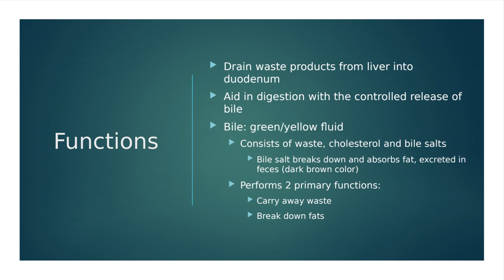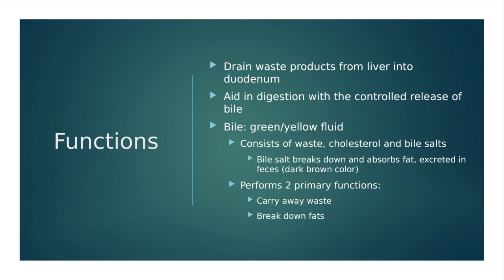The 2 main purposes of the biliary system are, 1, to produce bile, and the responsibilities that bile has, and 2, to help drain waste products from our liver back into our digestive system. So really the end point of our biliary system is going to be our digestive system to help get everything out.